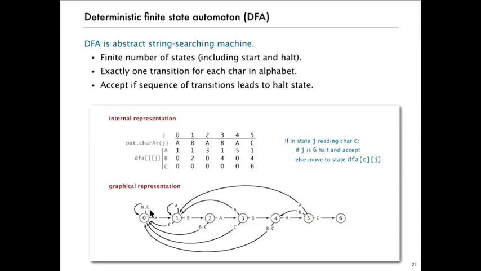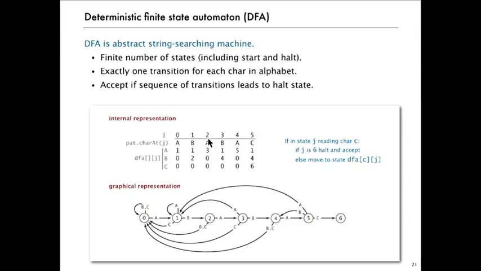And from every state, there's exactly one transition for each possible character in the alphabet. So if we're in a state and we're reading a particular character, we move to the state that is indicated by that character. So if we're in state 2 and we're reading an A, we move to state 3. That's what this line in the table says.